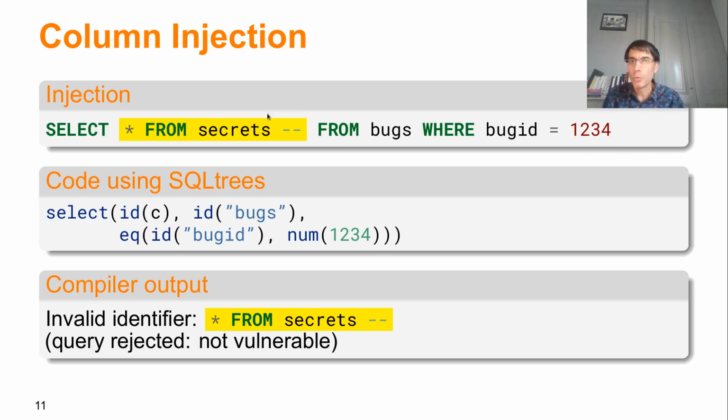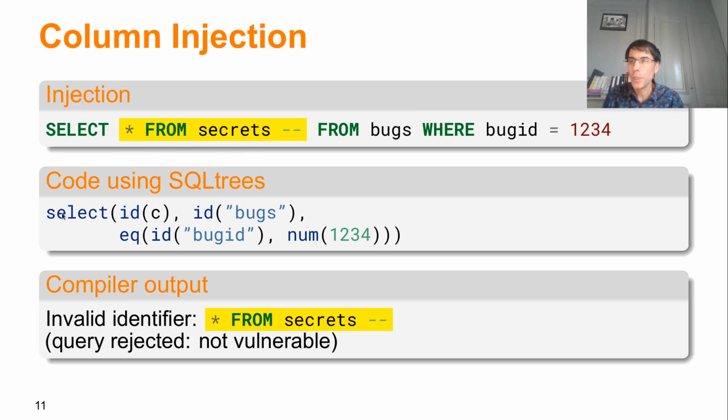Of course, an attacker would pass here a string specially crafted so that instead of looking for a column from the table bugs, you would select all columns from the table secrets, and then the double dash makes the server ignore the remainder of the query.